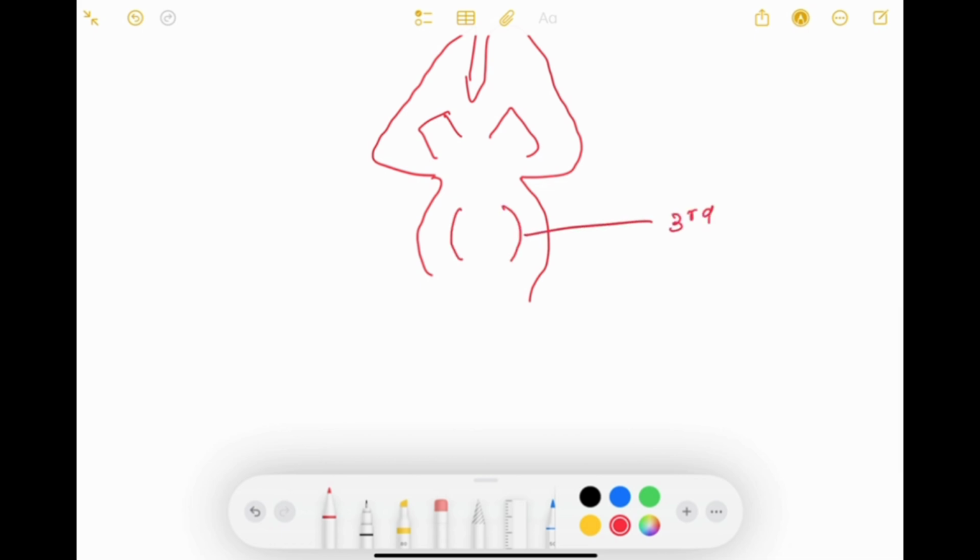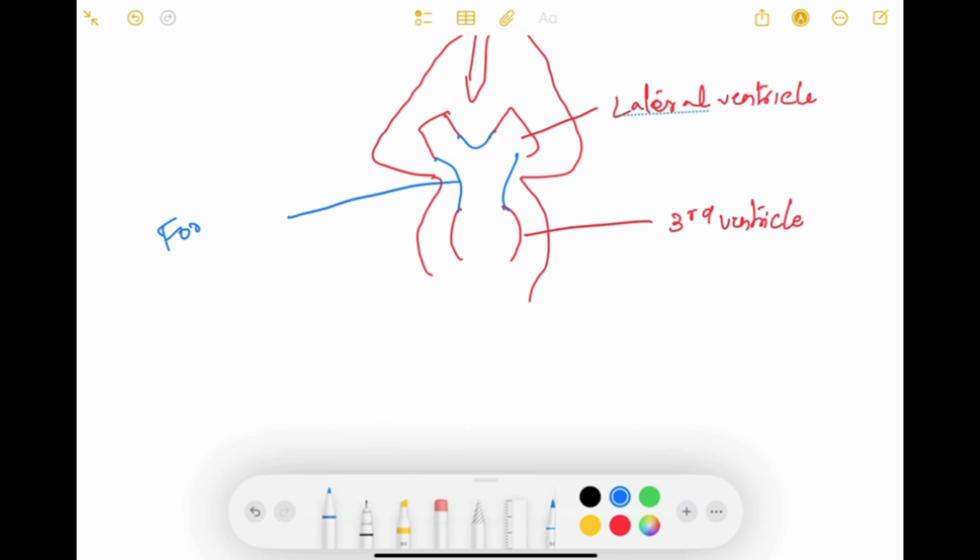So this one is the third ventricle here, and these are the lateral ventricles. Both of them are connected to each other by a foramen, and this foramen is the foramen of Monro. So the foramen of Monro connects the lateral ventricle and the third ventricle.